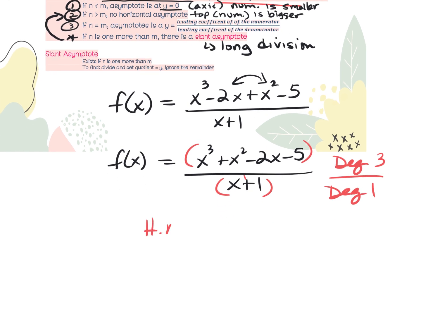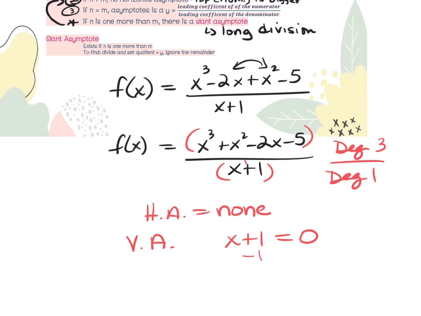So for the horizontal, you're going to write none because the top has a bigger degree. For the vertical asymptote, what we do is we set the denominator equal to 0. We subtract 1, and we have a vertical asymptote at x equals -1. So that's how you would find the asymptotes. So let's just do some examples.